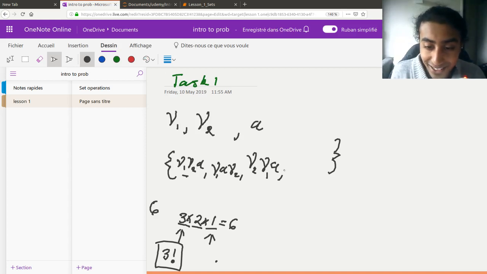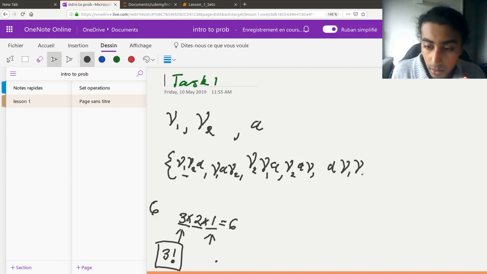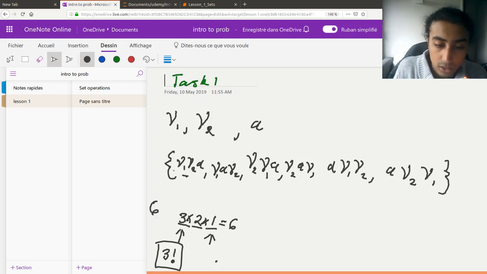I was worried there was a mistake in the notes. And then there's this one here. We're going to need to rub this out because we don't have enough space. And we also have this one, V1, V2, and we also have this one. So there's no mathematical trick, it's just swapping them around and seeing what possible combinations you could get. So 1, 2, 3, 4, 5, 6.